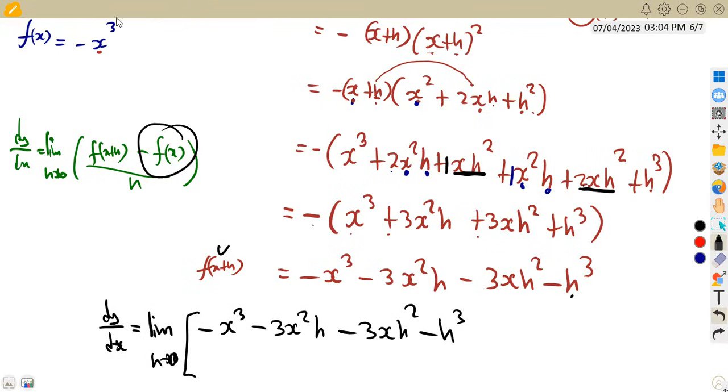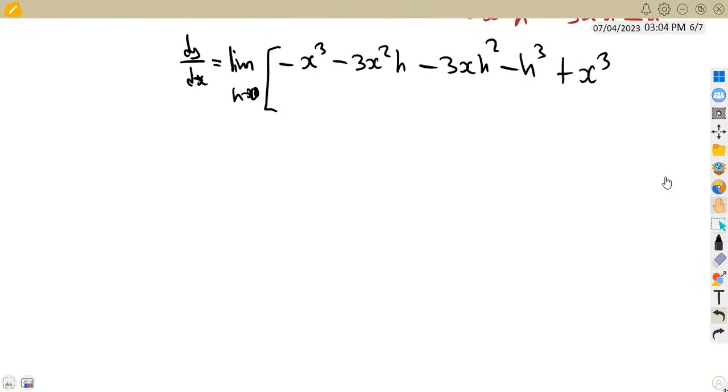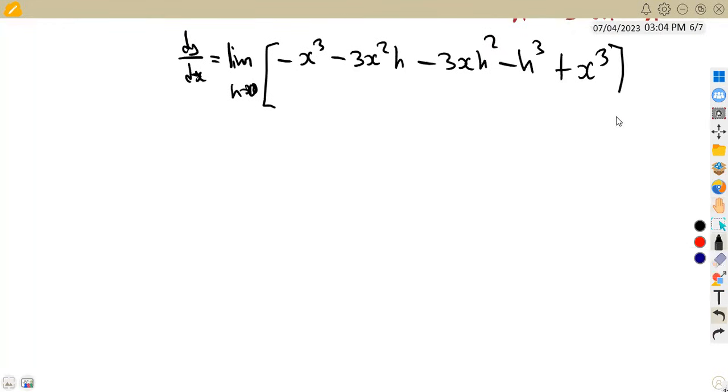We are subtracting f of x, so if we say minus, it gives us a positive. So this will be plus x cubed. All right, so this is what you're going to have, but everything here is over h. So we have this whole part over h, and then the simplification later on.